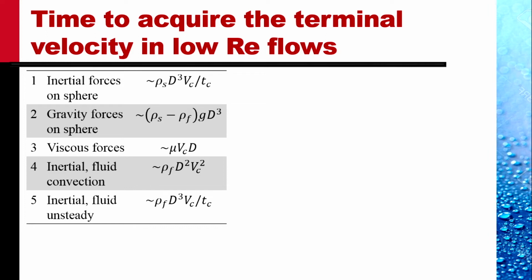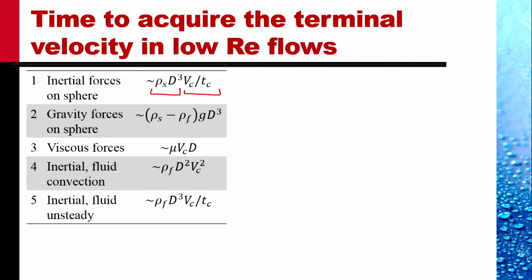There are 5 kinds of forces in this problem. The inertial force of the sphere itself, the mass of the sphere times the acceleration of the sphere. Unsteady forces. For a sphere, there will be only unsteady forces. There is no convective acceleration for a solid sphere.